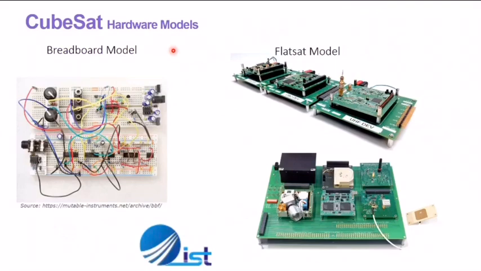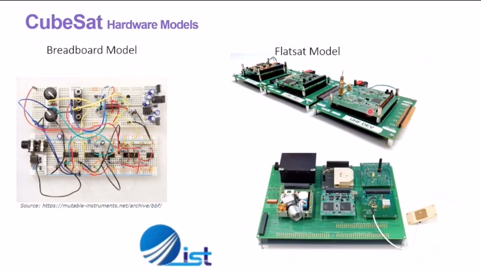All right, so now there are different design philosophies if you talk about designing. First, once you are new, you have to start with a breadboard model. Once you have tested the interfaces using the breadboard model, the next step is to design the actual PCBs. Once you have designed the PCBs, you can connect all of the subsystems together on a flat table.